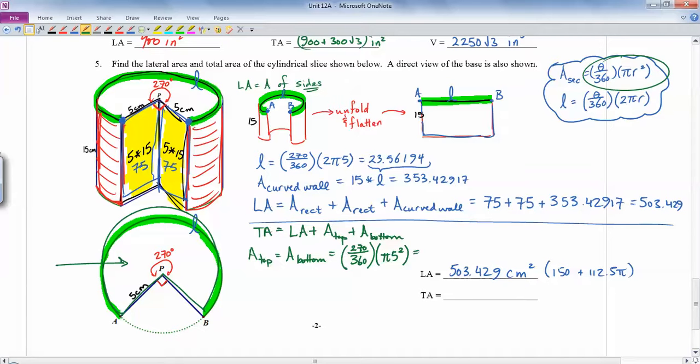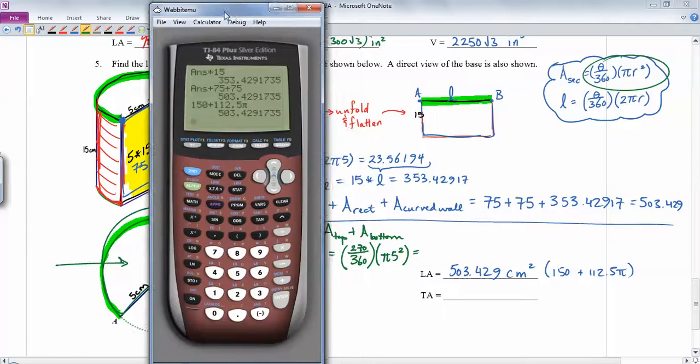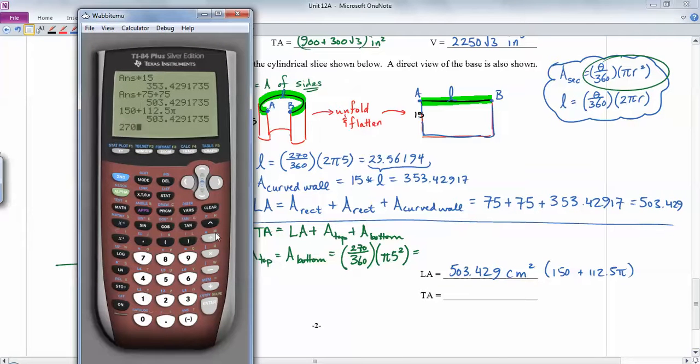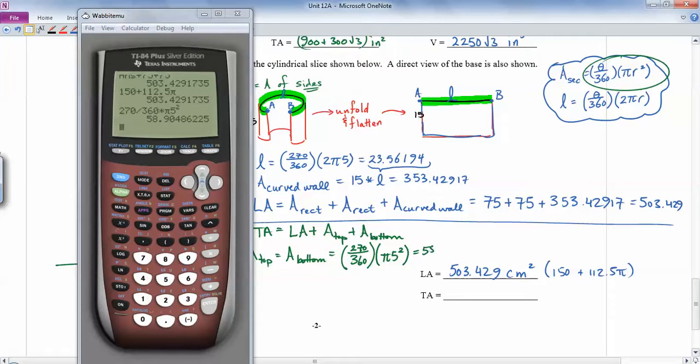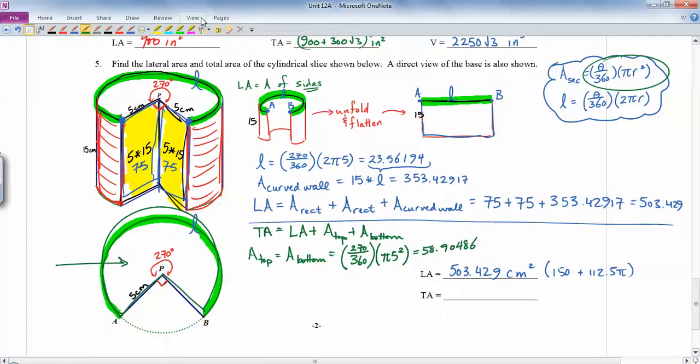So if we punch that in, 270 divided by 360 times pi 5 squared, we get 58.90486. And so we've got two of them, and we've got the lateral area. So total area, let's do it in the same order that I wrote it here.